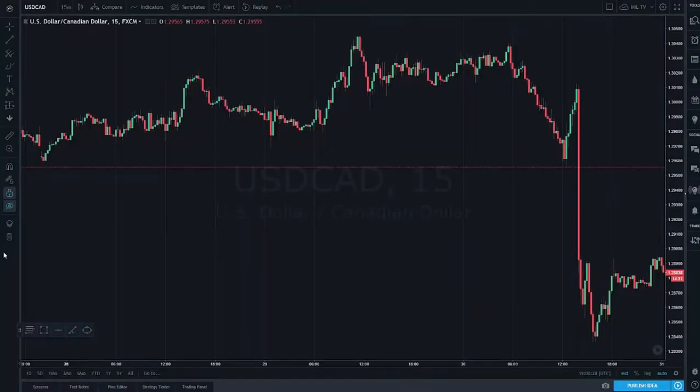USD CAD. We're looking at the 15-minute time frame on this Forex currency pair right now. And I believe that the narrative that we see in the market plays out time and time again. Sometimes the story is completed within days, sometimes it takes months.